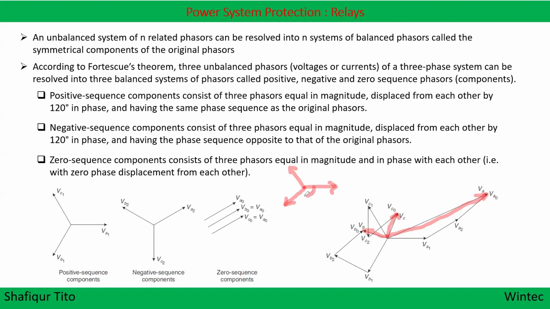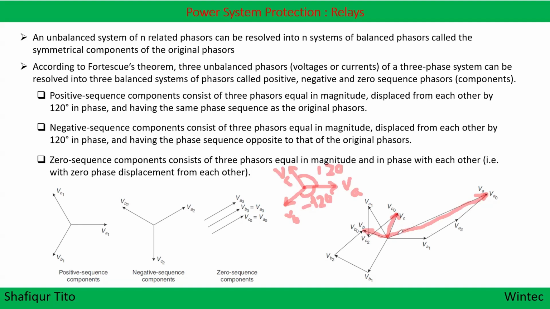This one would be 120 degrees, and then this one would be 120 degrees. This is negative. So my VA, and this one should be VB, and this one should be VC. So this is my balanced system.